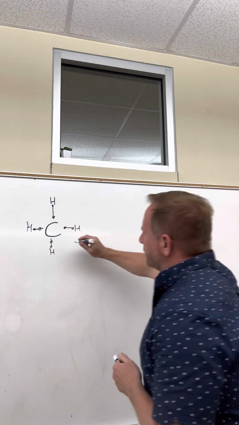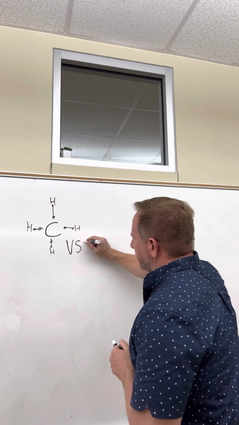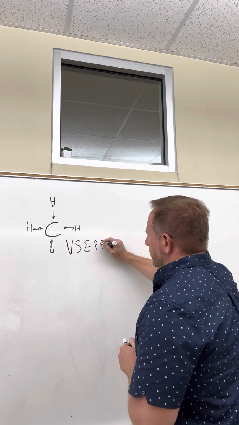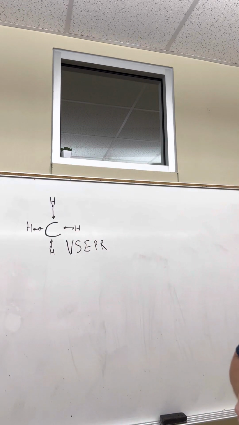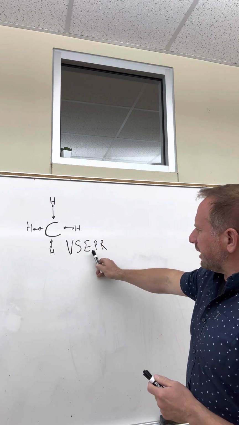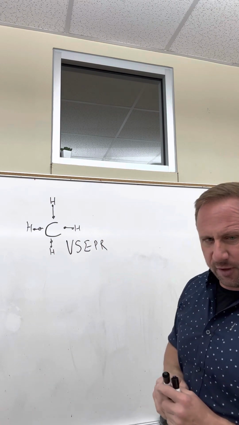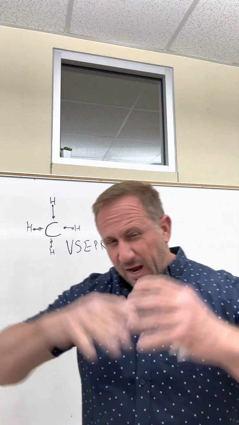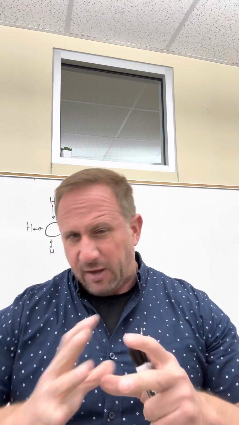Well, that brings us to what we call VSEPR. Always mispronounced. Always sounds like you're spelling the word VES, but it's VSEPR. This is the valence shell electron pair repulsion theory. Valence shell, outermost electrons being shared, outermost electrons.